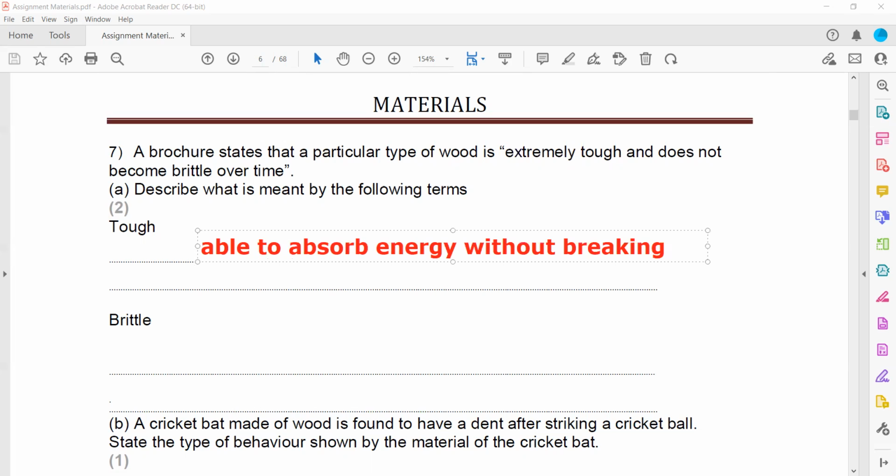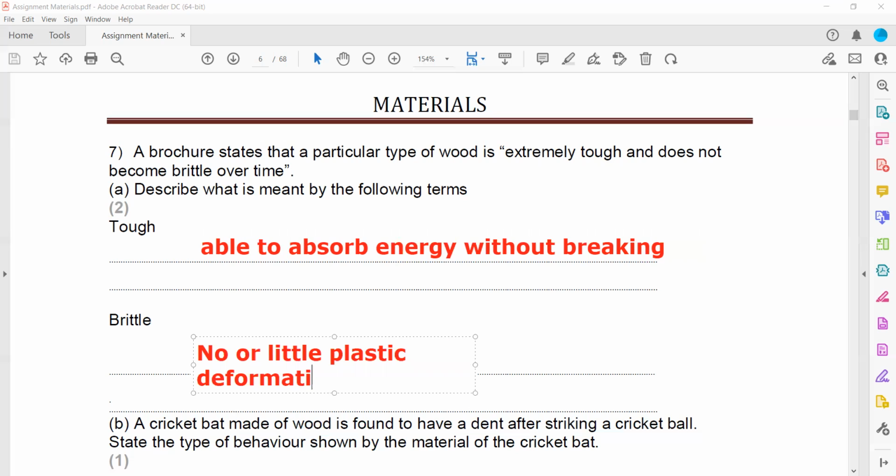Brittle means that with no or very little plastic deformation an object can break. So brittle means that there is no or little plastic deformation that will break down the object. So that refers to a brittle material.